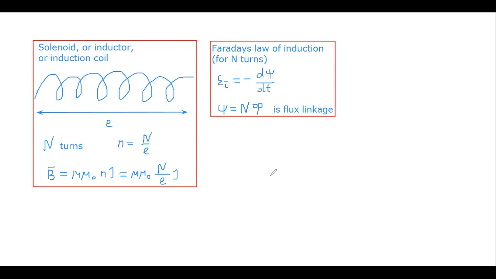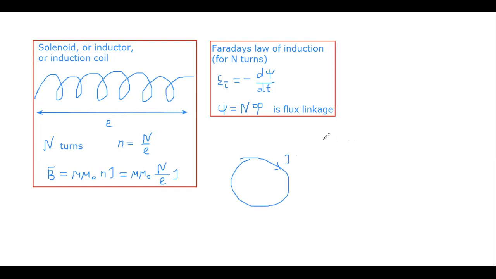If we have a conductor with electric current, we know from our previous lesson that this electric current will produce a magnetic field, and this magnetic field will produce magnetic flux through this circuit. So electric current in a circuit produces a magnetic field.